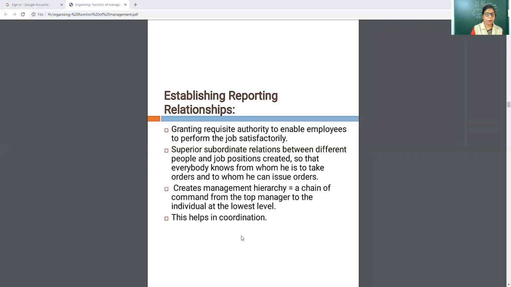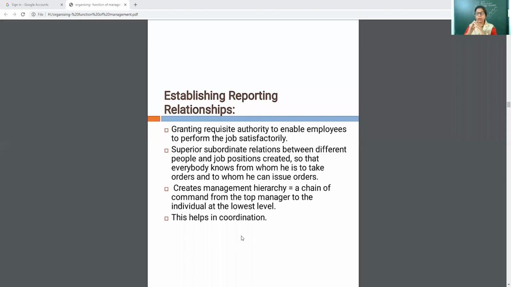A congenial working environment is possible only if everybody knows their work, their department, their duties, and who is superior, who is subordinate, who has power or authority to give orders.